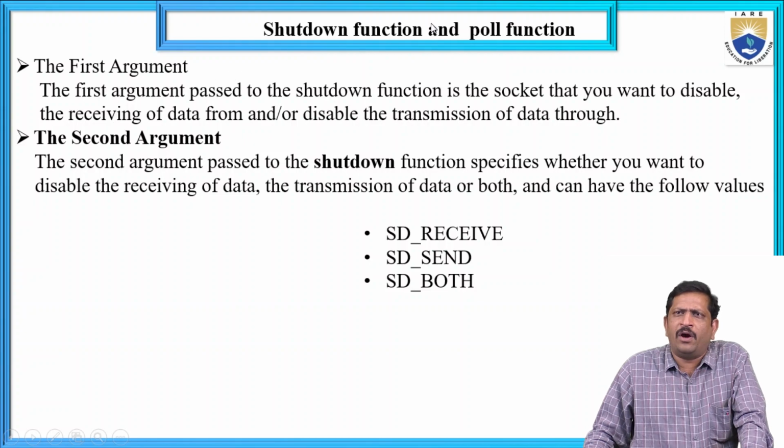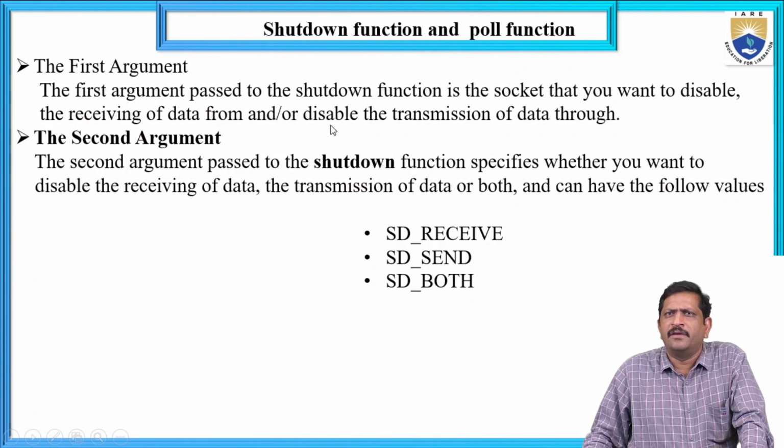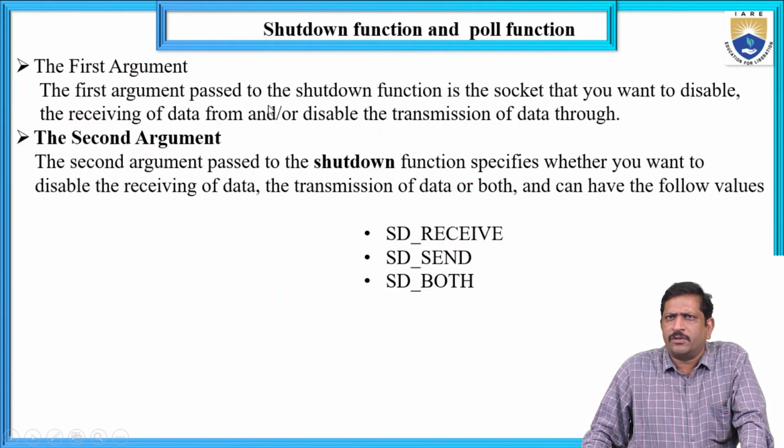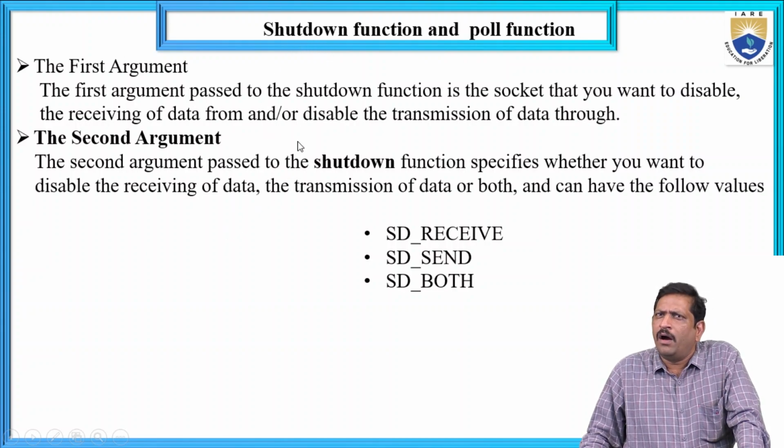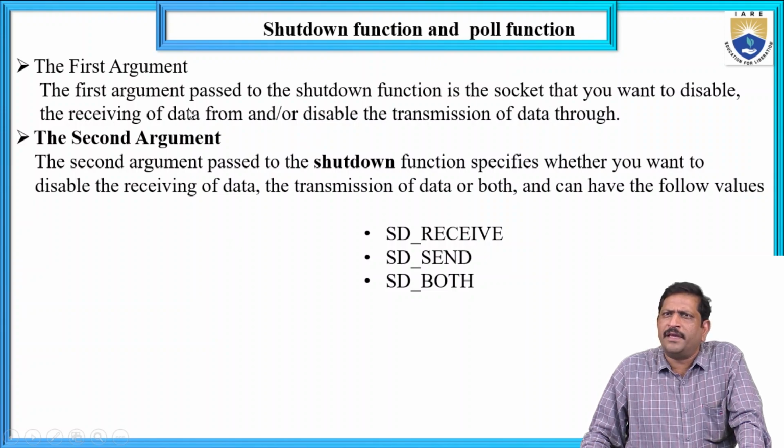The first argument passed to the shutdown function is the socket that you want to disable receiving data from and/or disable transmitting data through.